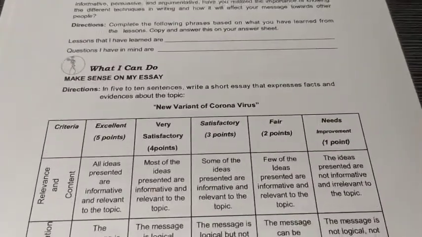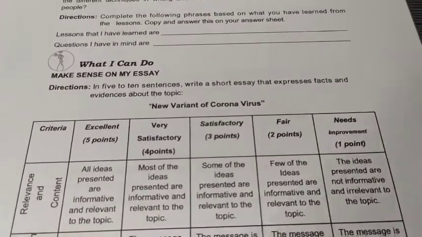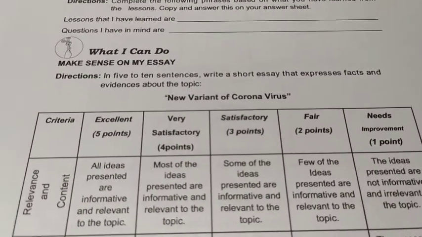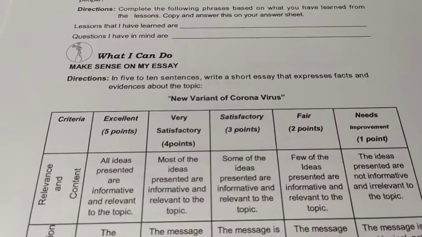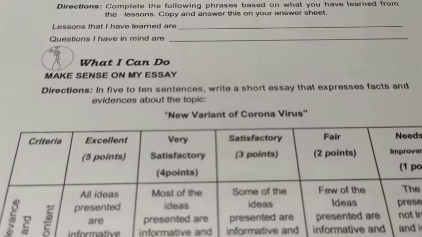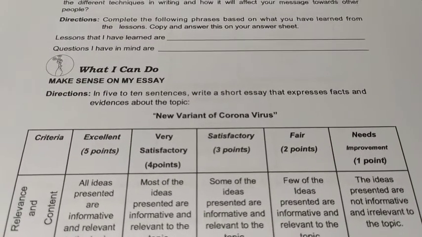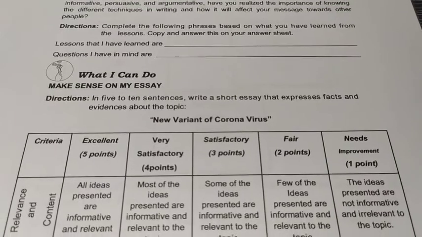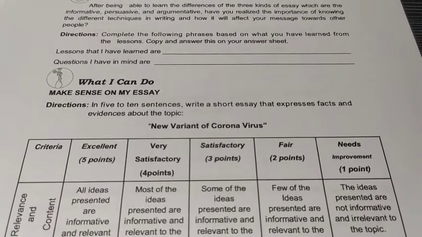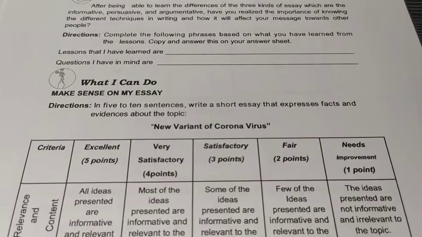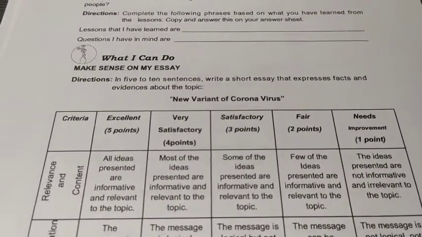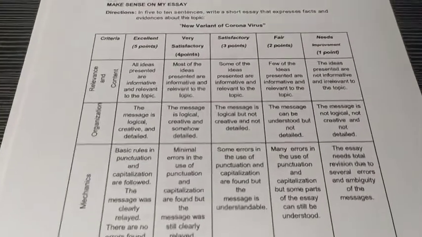So what I can do: in 5 to 10 sentences, write a short essay that expresses facts and evidence about the topic, new variant of coronavirus. So when you say this one, it should be informative. No need to include opinion, but you will just research about this, the new variant of coronavirus.